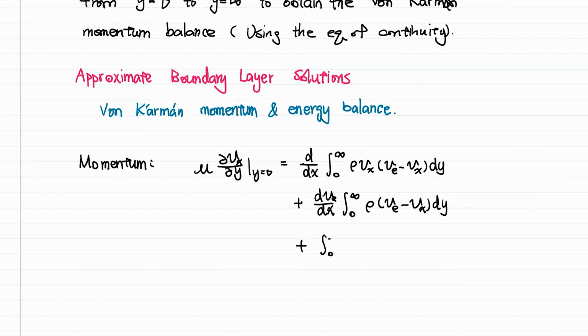So again, integration from 0 to infinity of rho g beta times (T minus T infinity) dy.